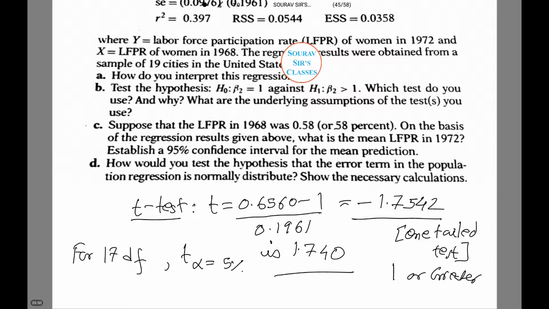Number C says, suppose that the LFPR in 1968 was 0.58 or 58%. On the basis of this regression, we have to figure out the mean LFPR in 1972. We have to establish this at a 95% confidence interval for the mean prediction.